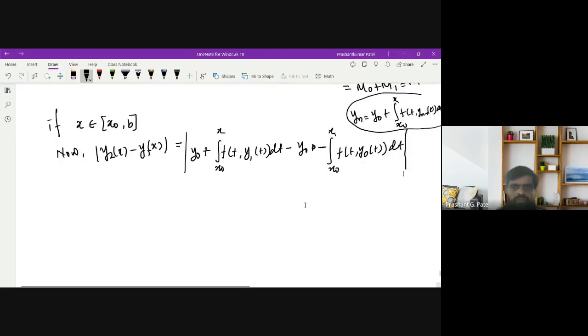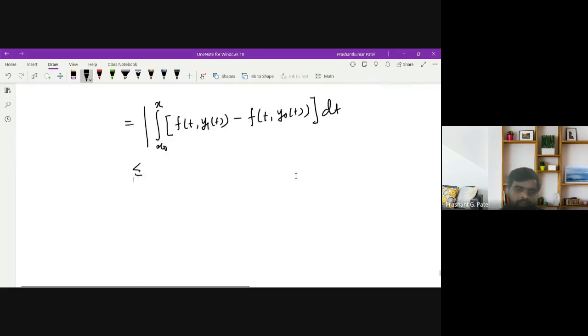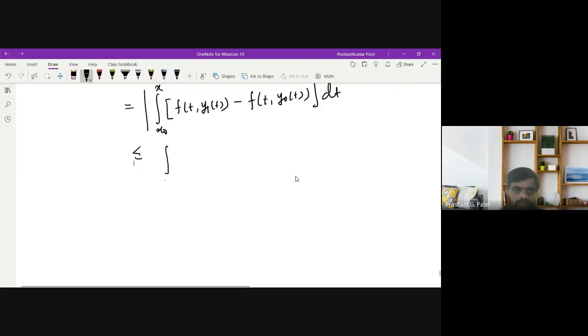We can write this as integration x0 to x of f of t comma y1 of t minus f of t comma y0 of t dt. By the property of integration, this is less than or equal to the integral from x0 to x of the modulus of f of t comma y1 of t minus f of t comma y0 of t dt.